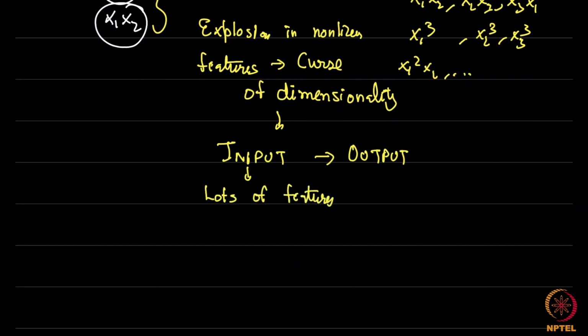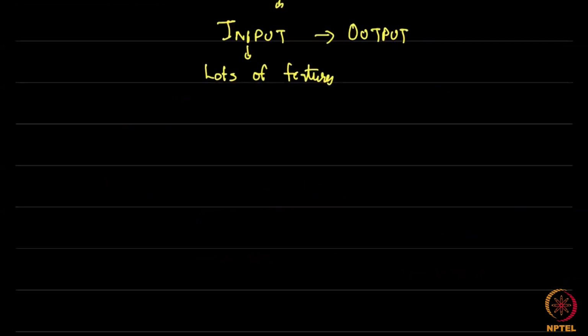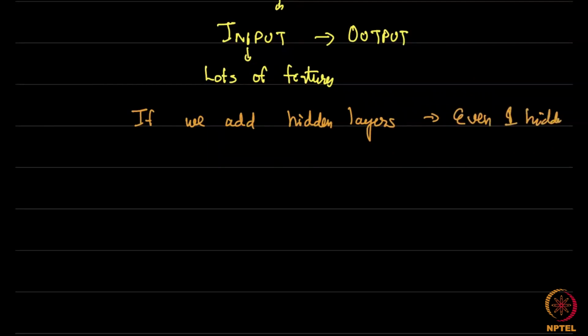On the other hand, it turns out that if you add hidden layers, in fact, even one hidden layer, and you keep it arbitrary. So I have, let's say, x1, x2, and this 1.